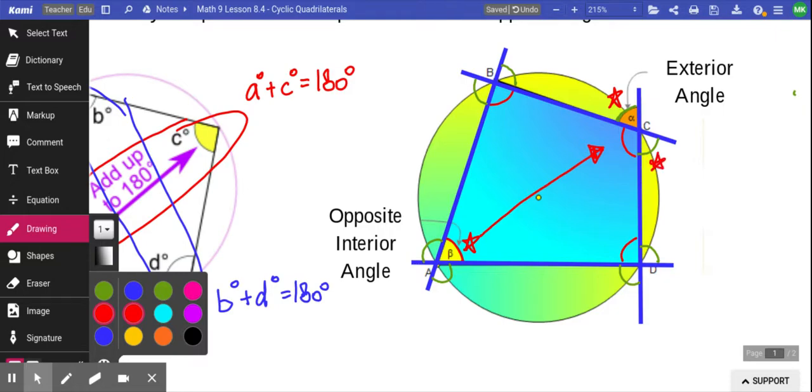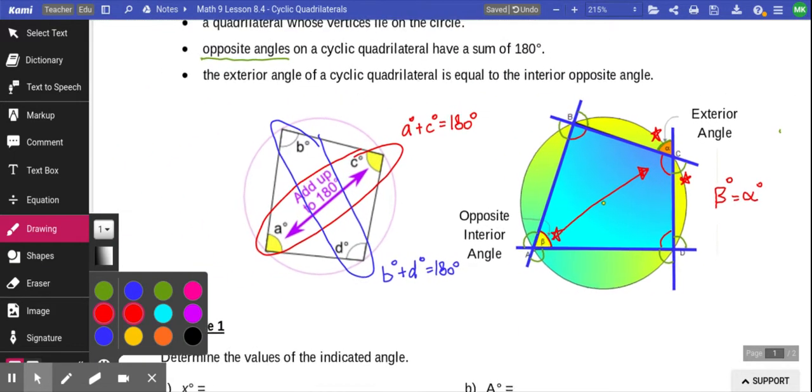So all of those angles are the same. In this case, we have angle beta equals angle alpha. I think that's what those symbols are called. Greek letters, I don't know. I'm not taking Greek class. I teach math. So those opposite angles, when one is interior and one is exterior, add to be 180.